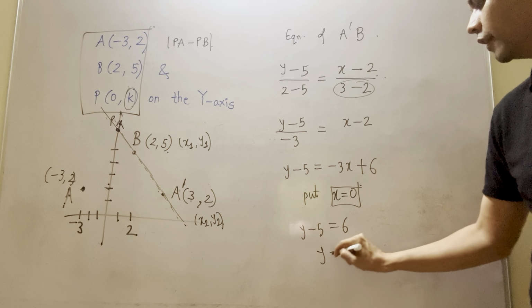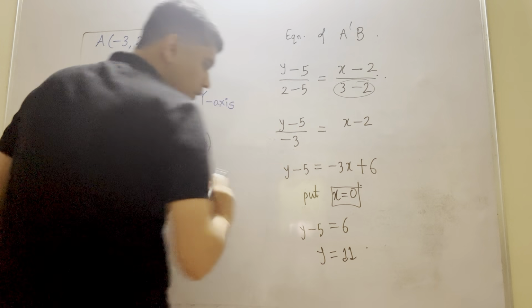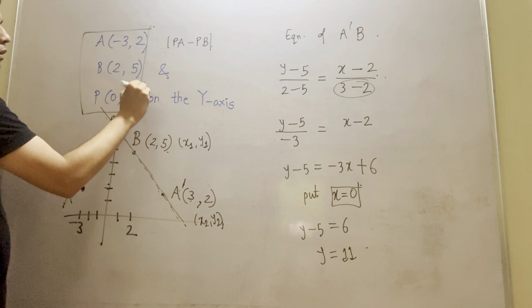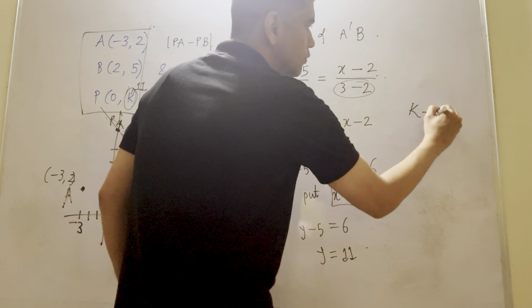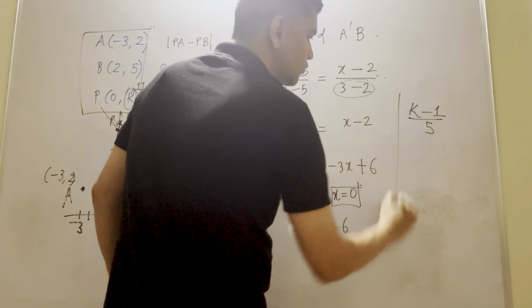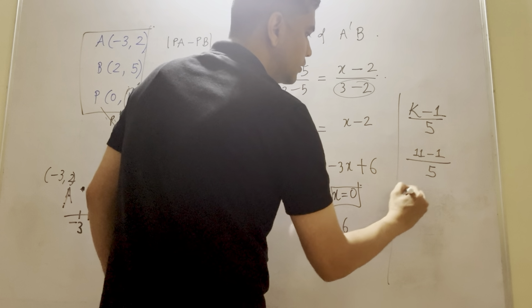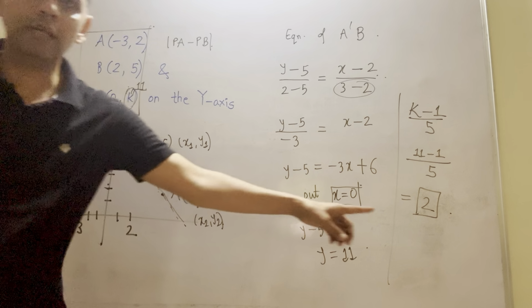So you will get y is equal to 11. So if y is 11, that means the y coordinate, or rather the value of k, is 11. But the original question was to find the value of k minus 1 by 5. So here k is 11, so it is 11 minus 1 by 5, which is 10 by 5, which is 2. So the final answer is 2.